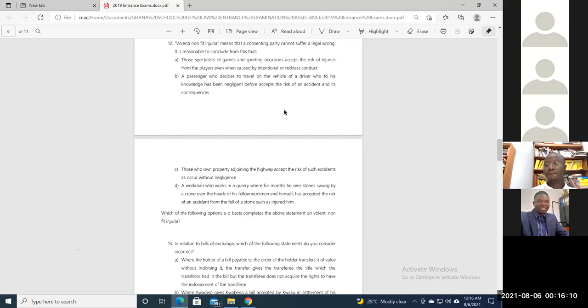When you look at the first point, the bottom line for volenti non fit injuria is that it's a defense, and it is sometimes referred to in this case as a risk that we've all agreed on in the definition. But when you look at the case of JC versus State Mining, you realize that to succeed in that defense, you must prove that the plaintiff voluntarily, with full knowledge of the risk, agreed.